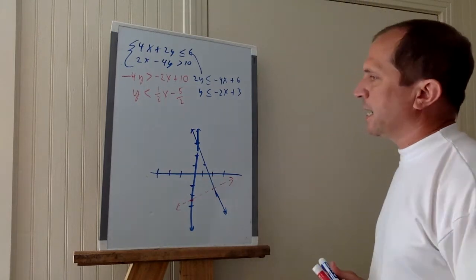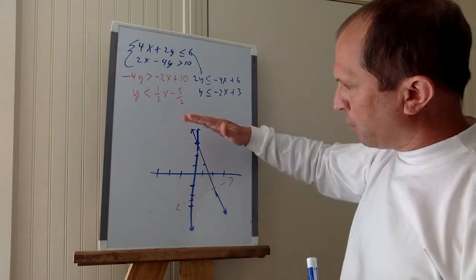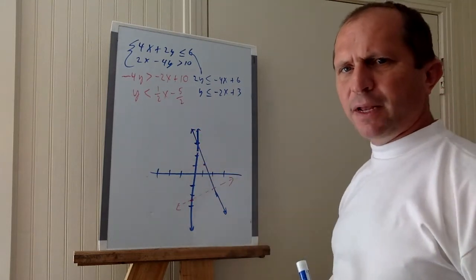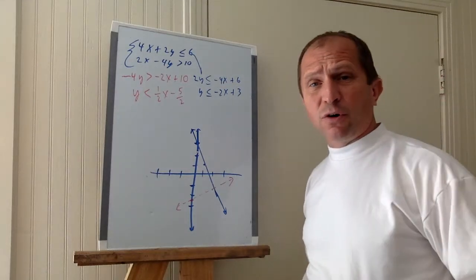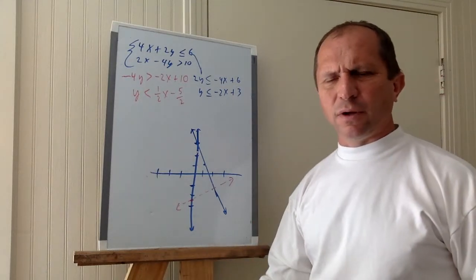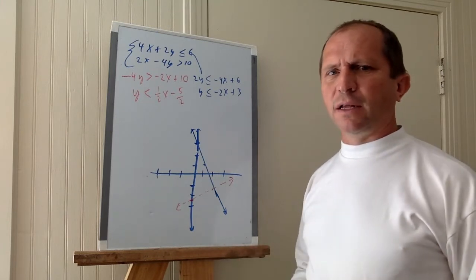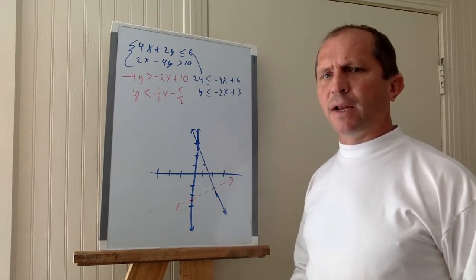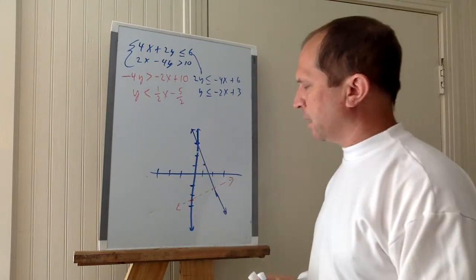Being less than negative 2x plus 3 puts us below the line. Always think of less than being below. The only time that doesn't work is if you're talking about a vertical line, which is in the form of x is less than or x is greater than something. In that case, you're just shading right and left. But don't think about this as being right and left. Think about this as being below or above. So below would be here.